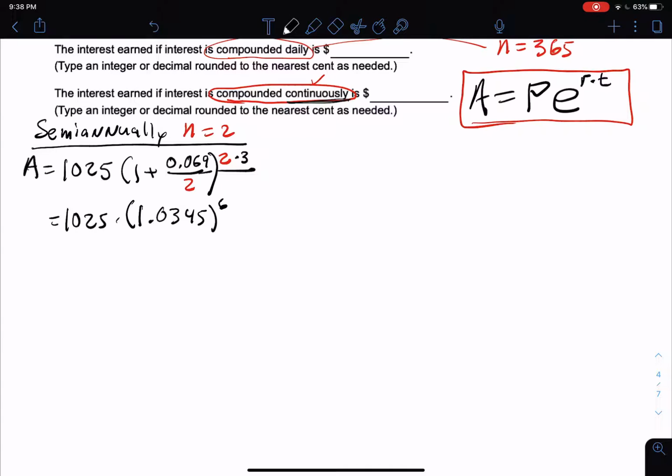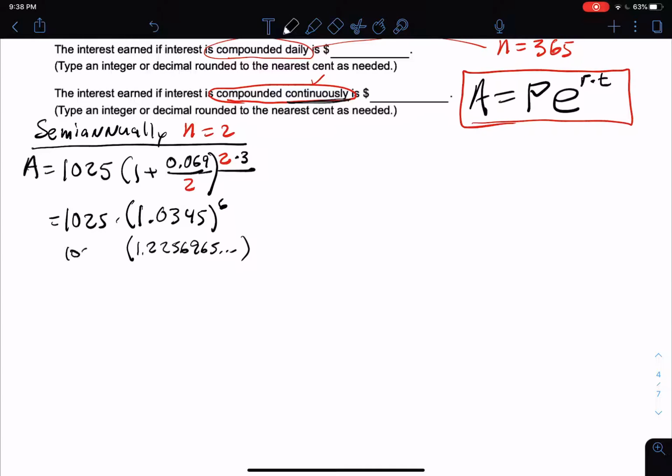Continuing on here, I'll put this down just so you can see it, but 1.0345 raised to the 6th power is about 1.2256965, and the decimal goes on forever.